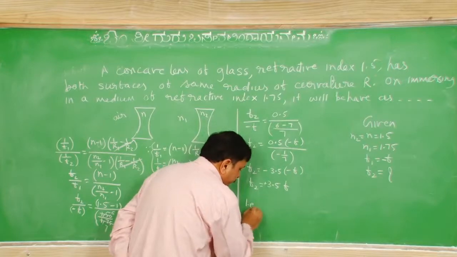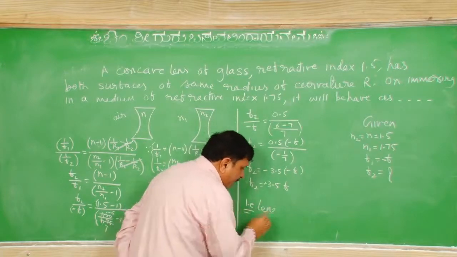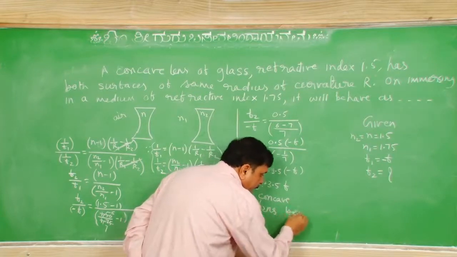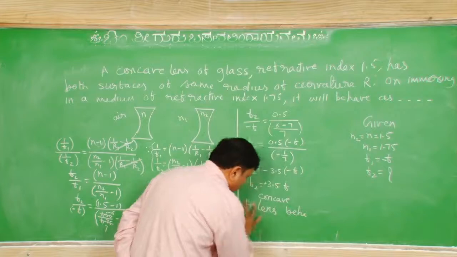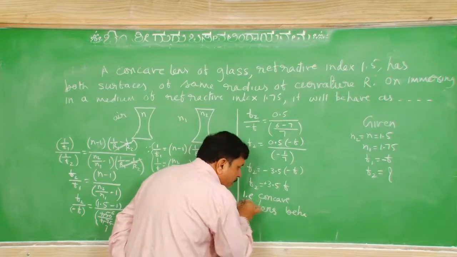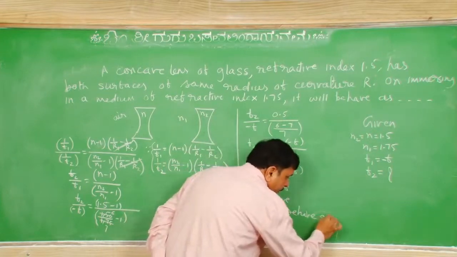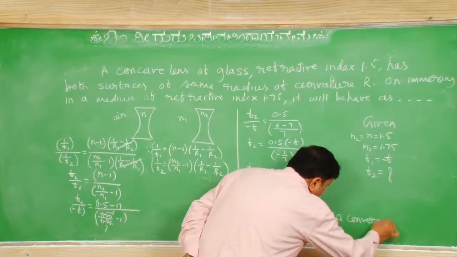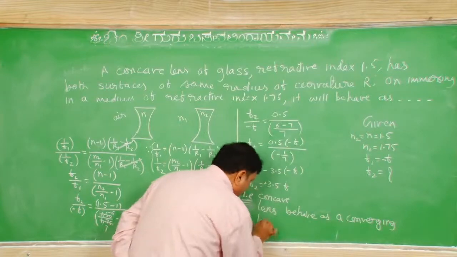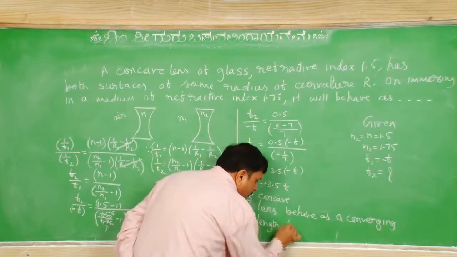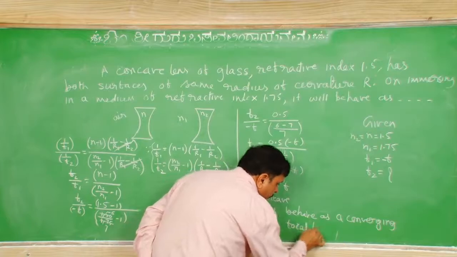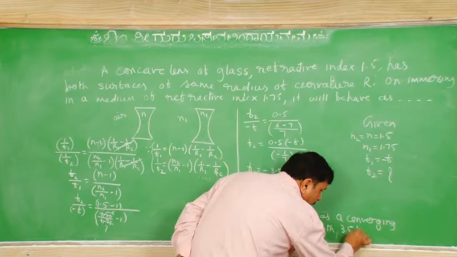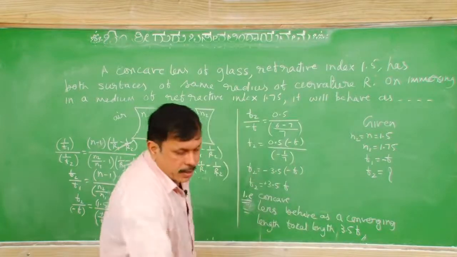That is, a concave lens behaves as a converging lens of focal length 3.5 times the initial focal length.